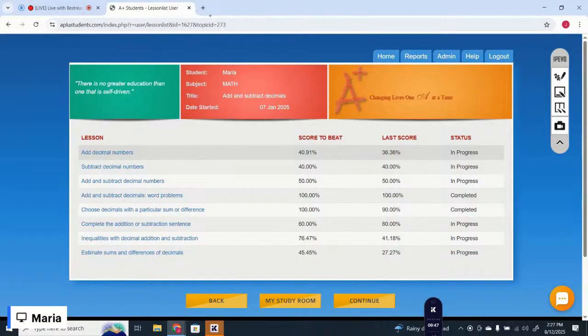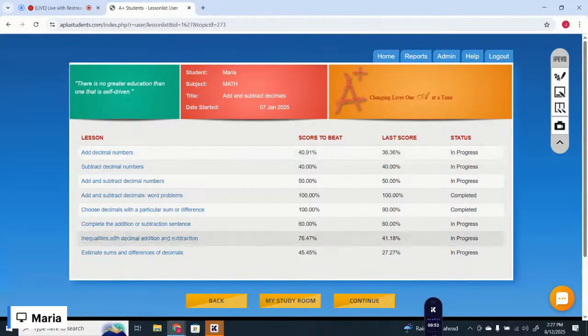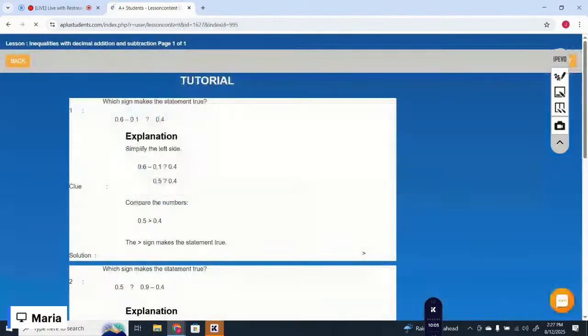The next lesson is inequalities with decimal addition or subtraction. Which sign makes the statement true? 0.6 take away 0.1, you need to compare it to 0.4.